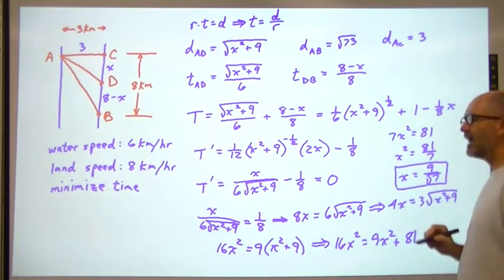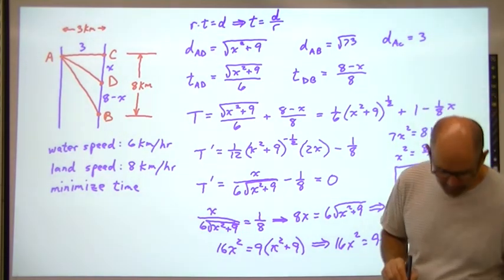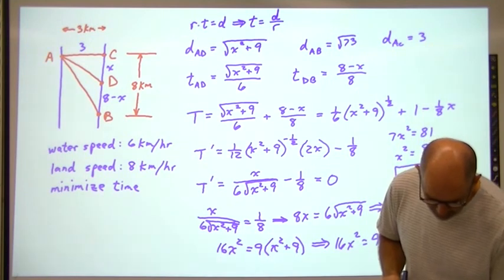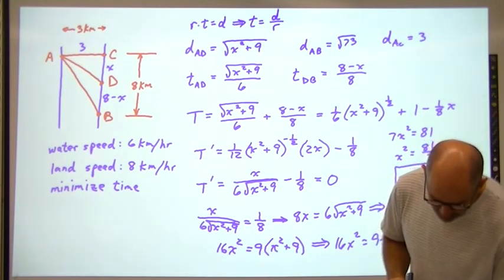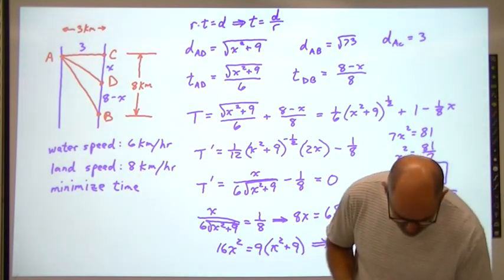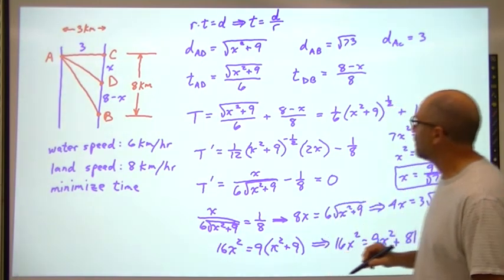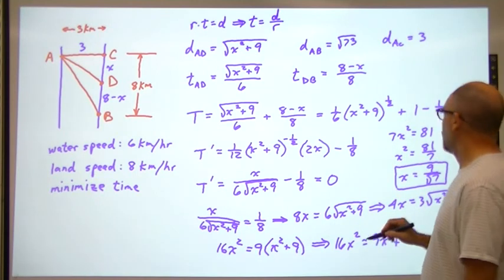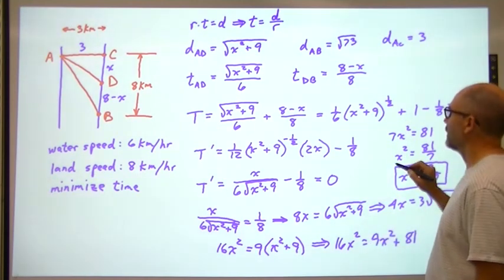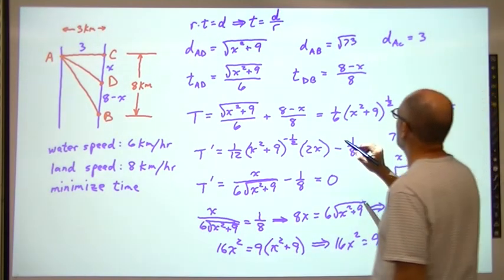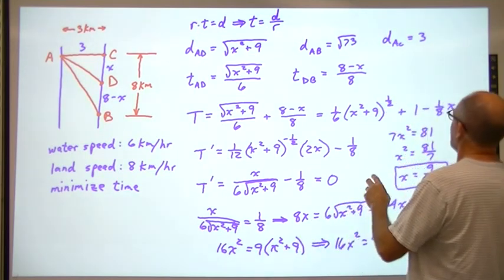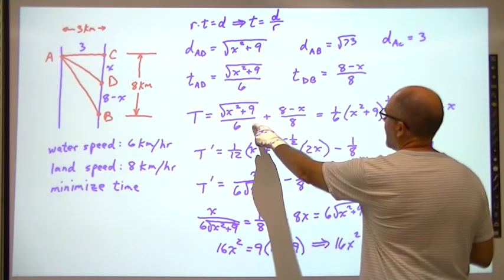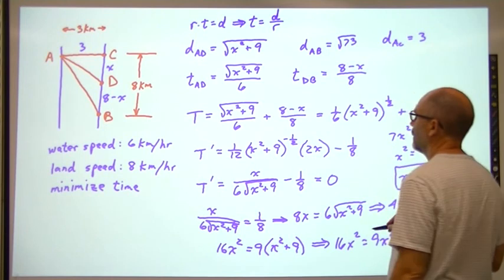So if x is 9 over the square root of 7, then that turns out to be approximately, oh, we don't care. We're going to plug it in first. All right, so 9 over the square root of 7 is the x value, but we want the time that that's going to take.